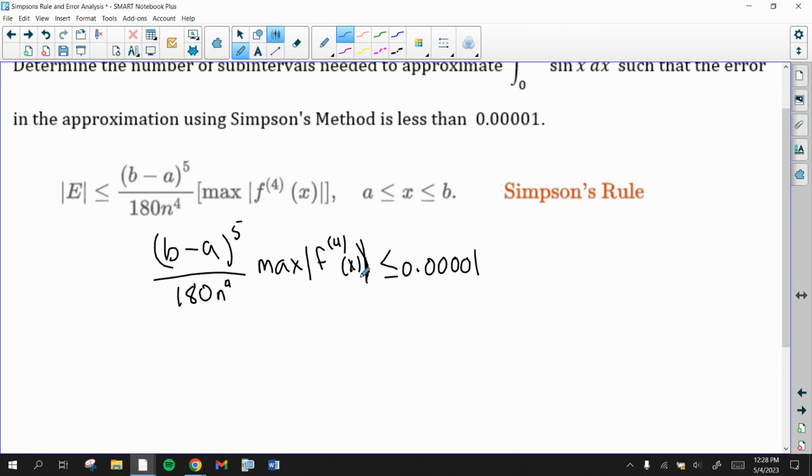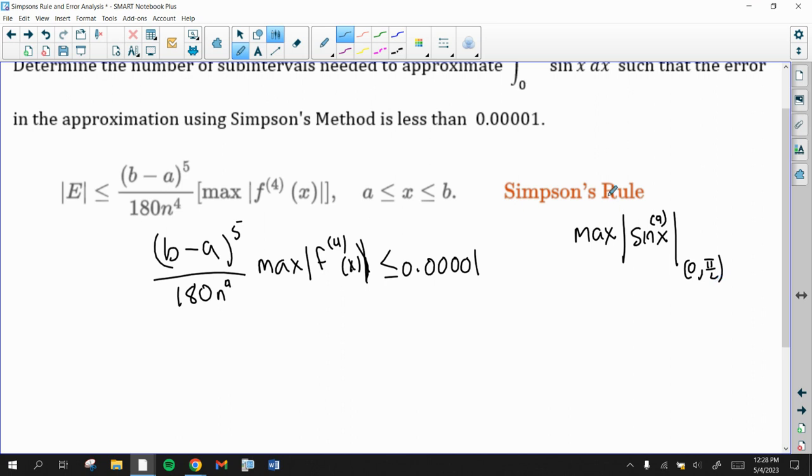As soon as we can find the maximum fourth derivative of sine x from 0 to pi over 2. So this is a lot easier than you would think, because the derivative of sine goes to cosine, then back to sine, then back to cosine.